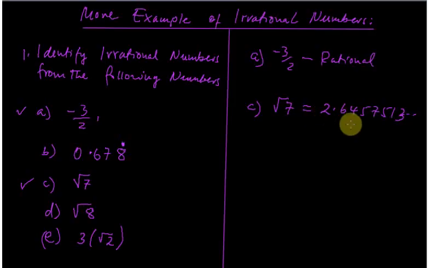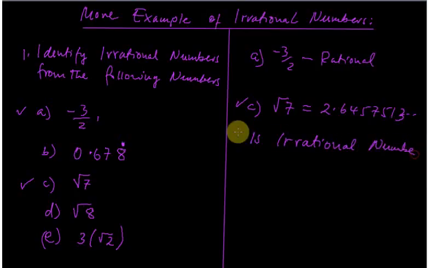From tables or from a calculator, you can see it is 2.6457513, etc. This does not terminate, and it is not a repeating decimal. So this one is irrational. We say the square root of 7 is an irrational number.